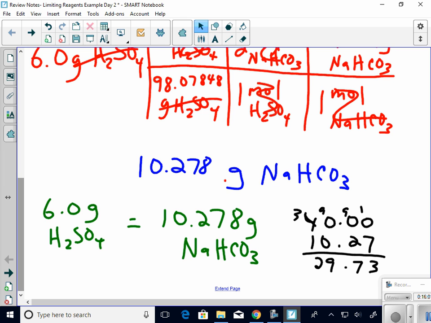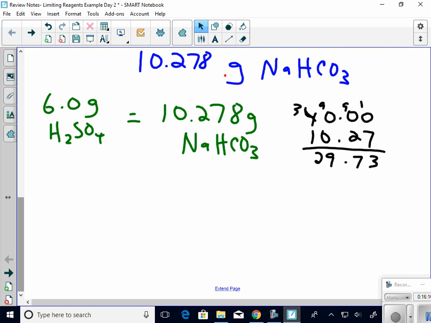What was the question? How many grams of sodium sulfate are formed? So I've got to figure out how many grams of sodium sulfate are formed. Now, this is important, which one I start with.